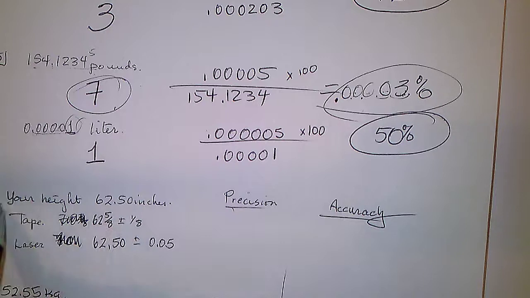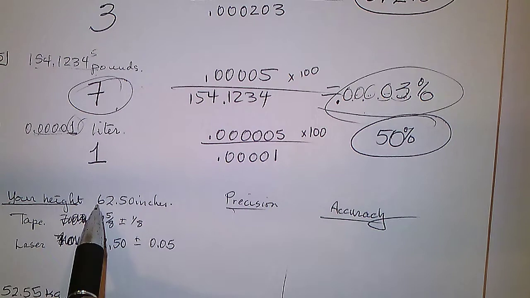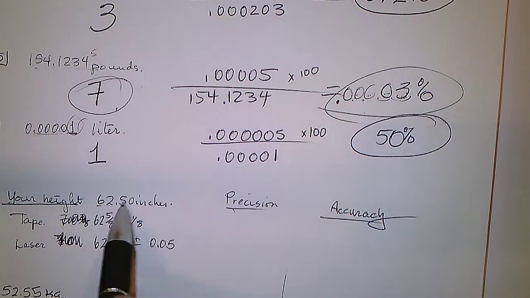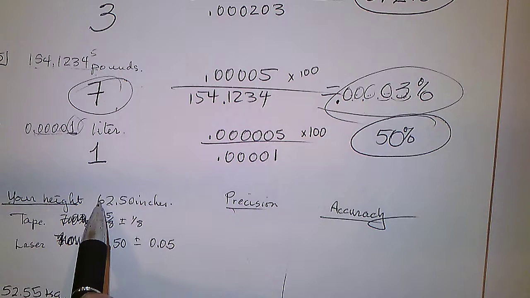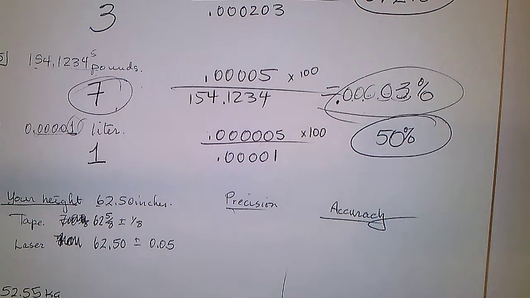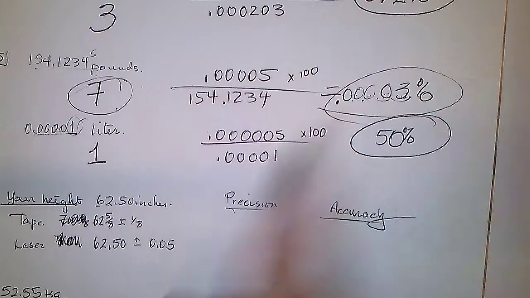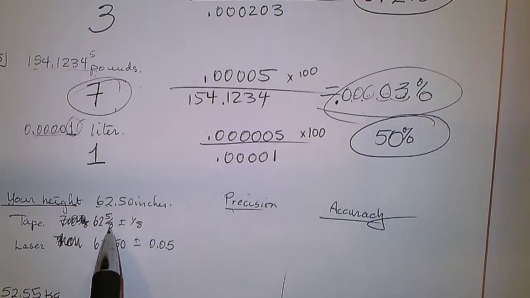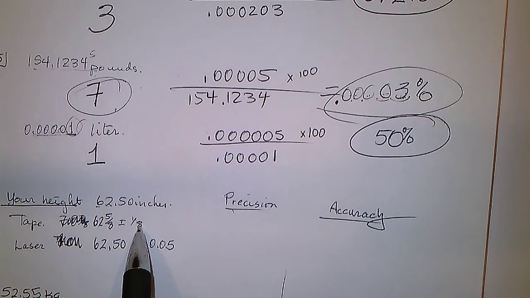Your height is 62.50 inches, 5'2.5". This is a small person. You pull out a measuring tape, and it says you're 62 5/8 plus or minus an eighth.